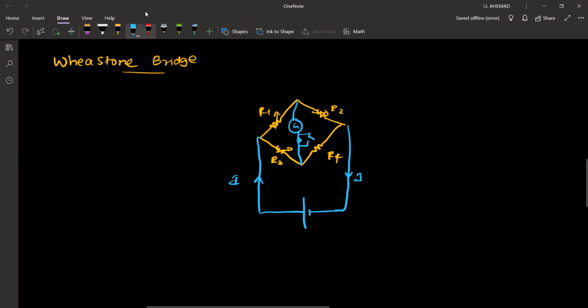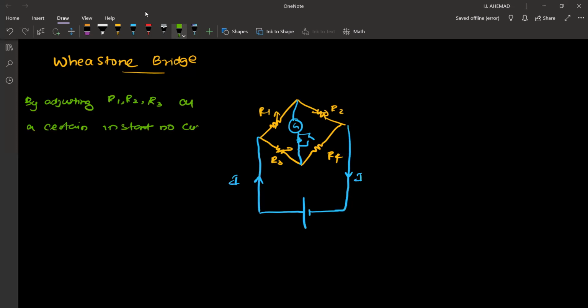So by adjusting R1, R2 and R3, at a certain instant, no current flows through the galvanometer.